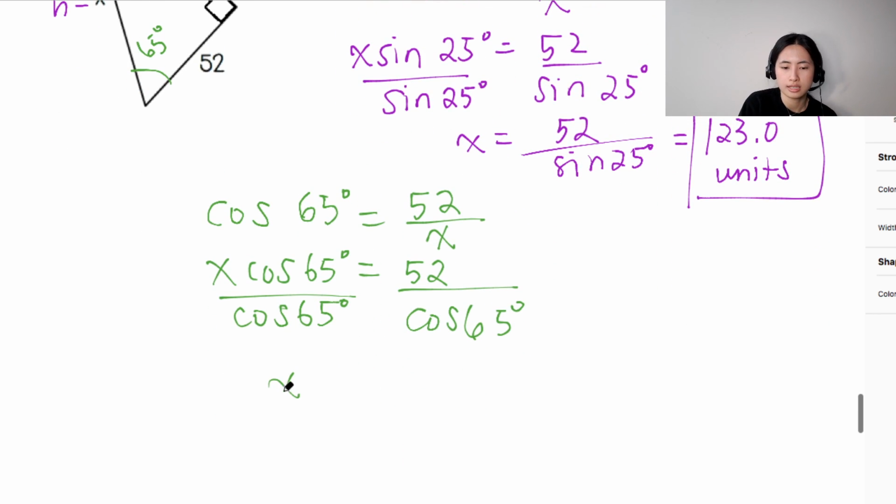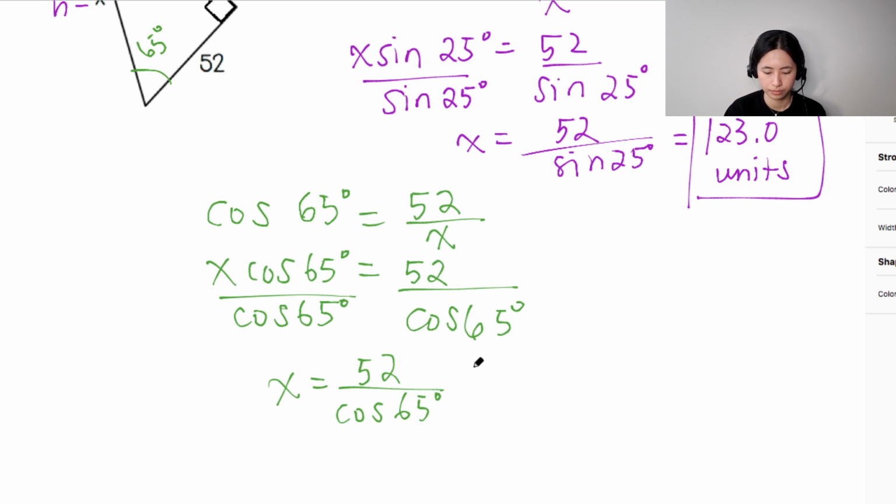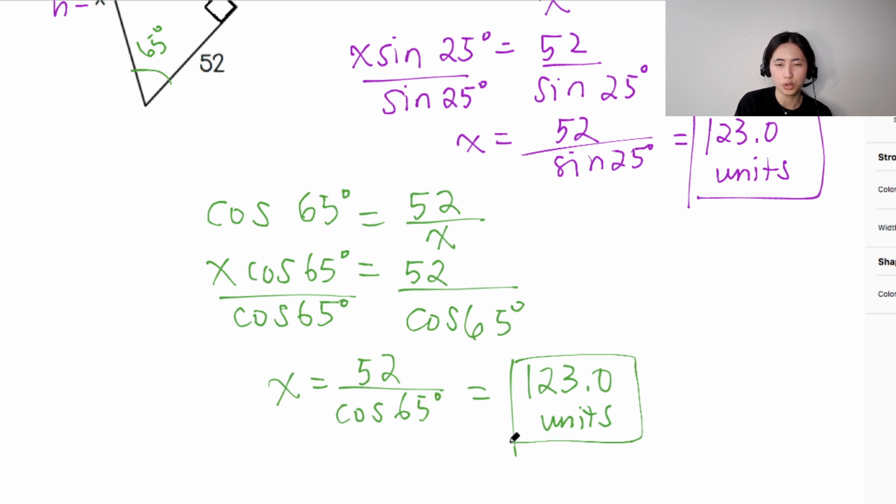So x is equal to 52 over cosine 65 degrees, and this is the same, right? 123.0 units.